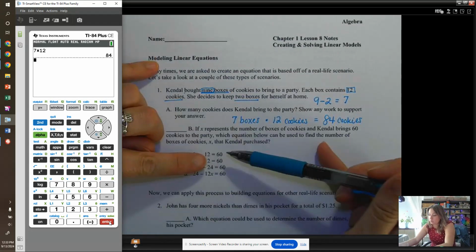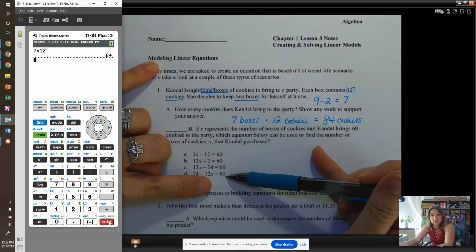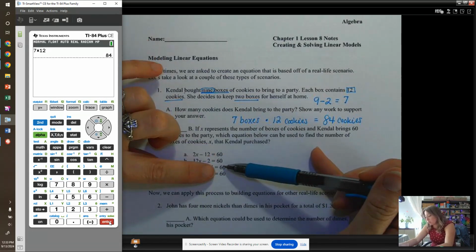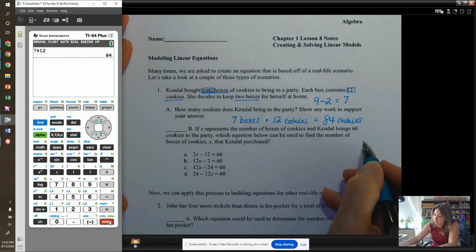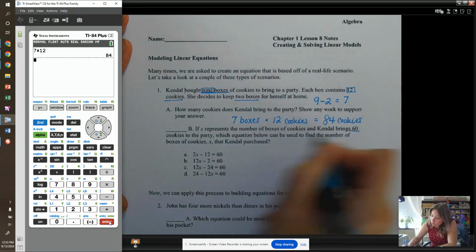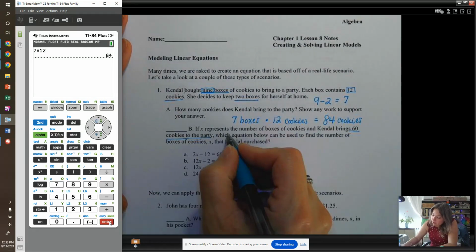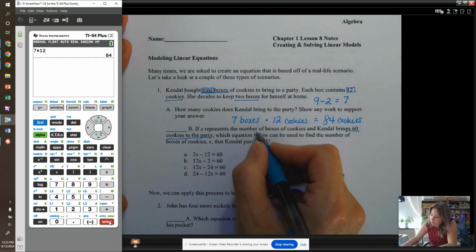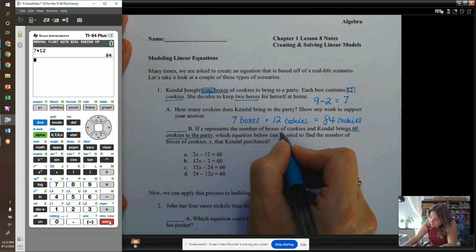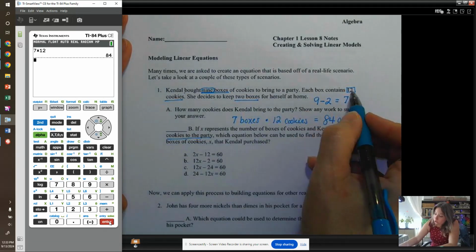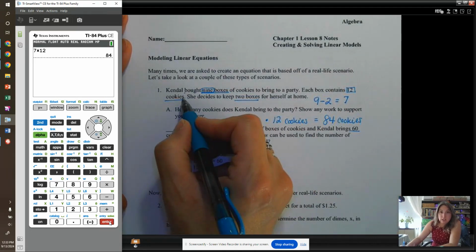There are 60 total cookies. All of my multiple choices have 60 total cookies. We know that if X is representing the number of boxes, there are 12 cookies in each box.